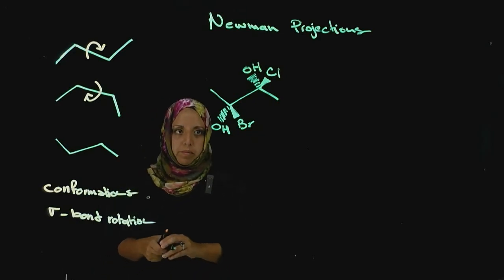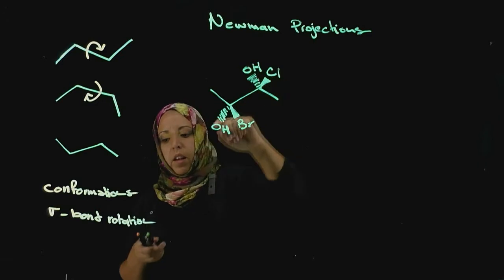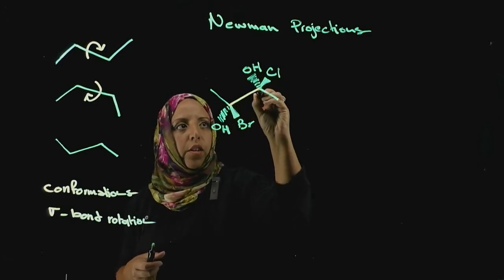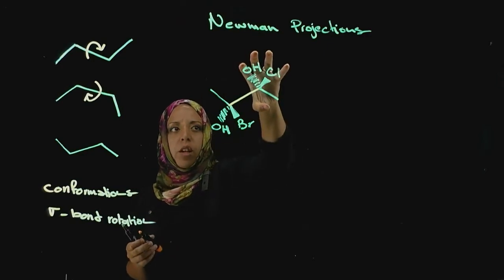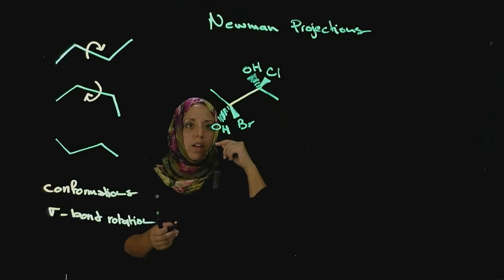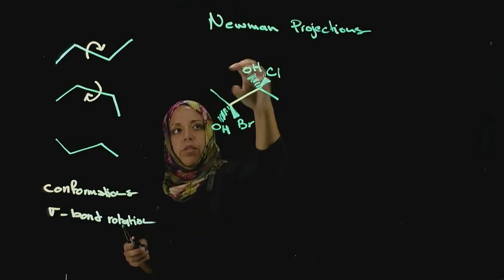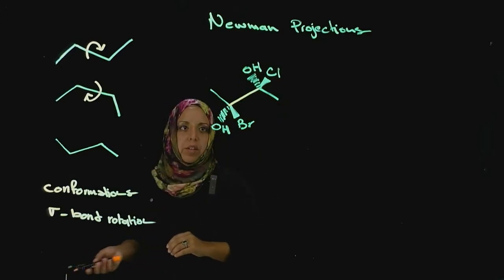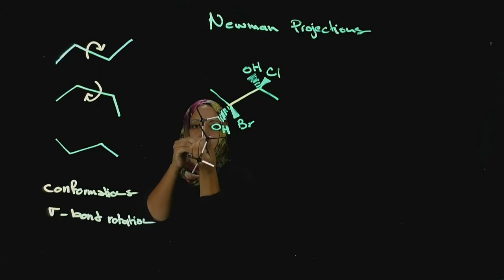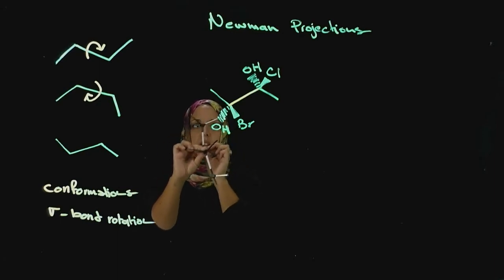So now when we're looking at rotation, think about it as you're looking down this carbon-carbon bond, and you're looking at how whatever groups are attached to this carbon or that carbon are affected when you're rotating. Is it rotating the front carbon, whatever is attached to the front carbon, or the back carbon? Very similar to what we saw a moment ago. Are we rotating the front carbon, or are we rotating around the back carbon?